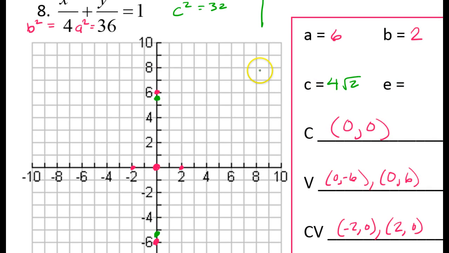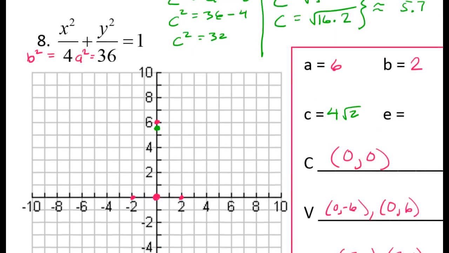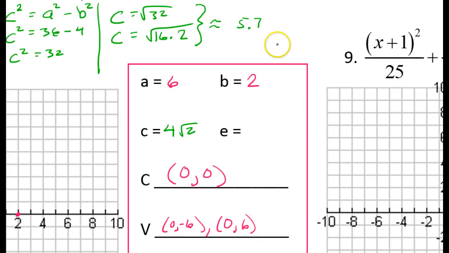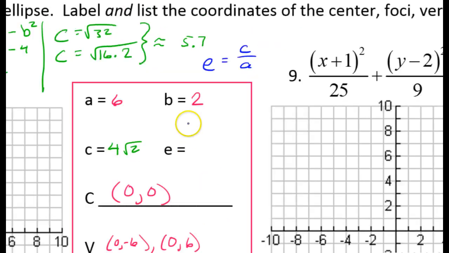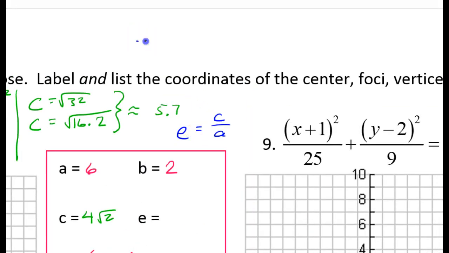E stands for eccentricity, and eccentricity is always the c value divided by the a value. Okay, in this case that means 4 radical 2 over 6. I'm writing it up here because this can be reduced.